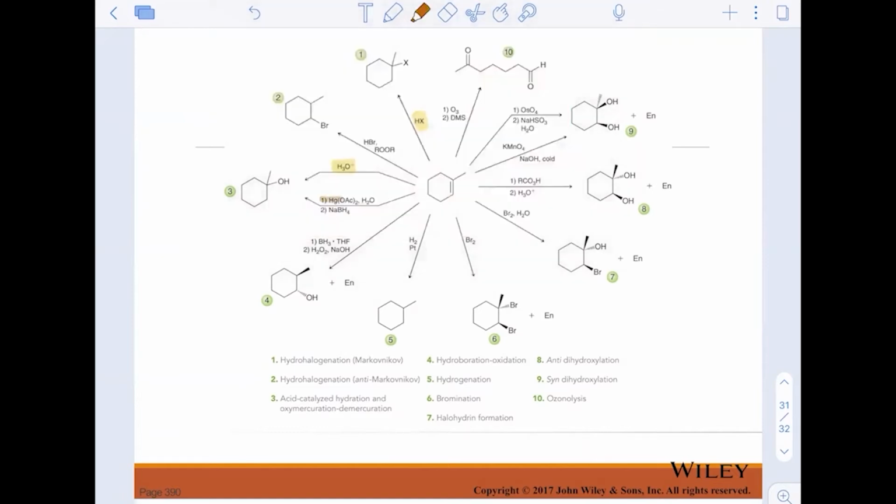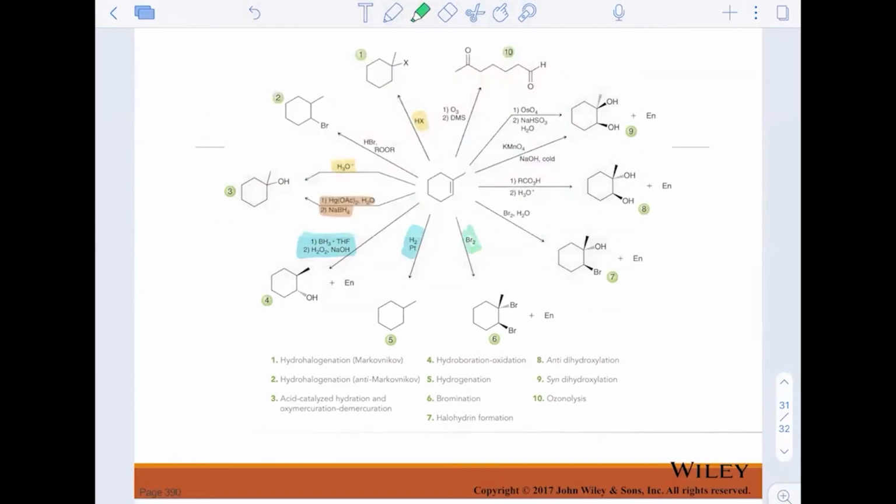Very similar to that, we had oxymercuration, and that is a Markovnikov addition, but without a carbocation rearrangement. Then we had our anti-Markovnikov, which is our concerted reactions with hydroboration oxidation, followed by our hydrogenation.